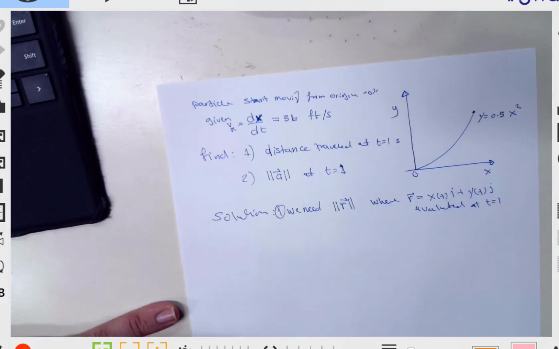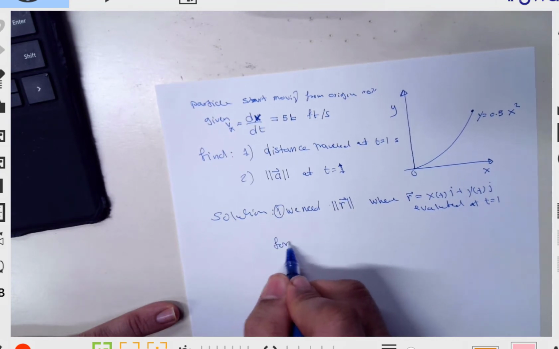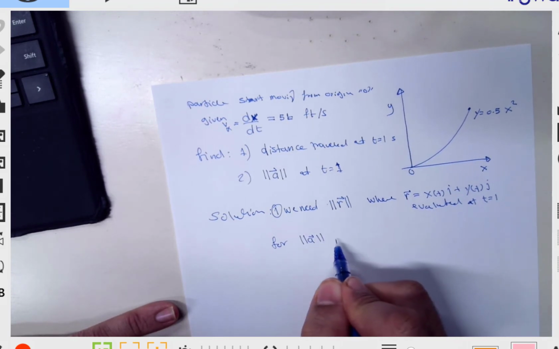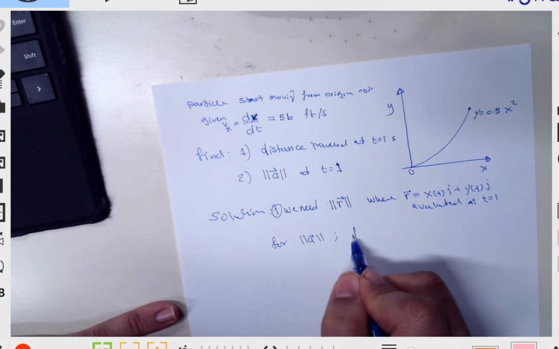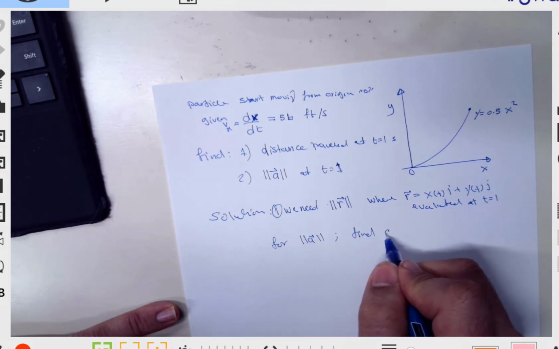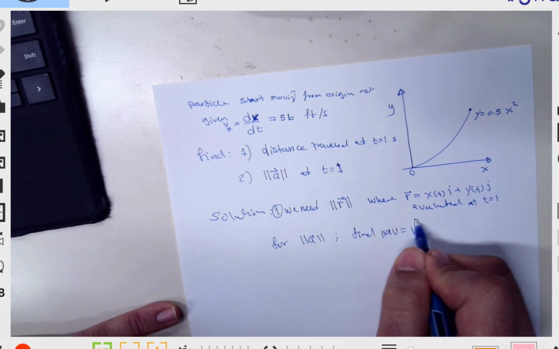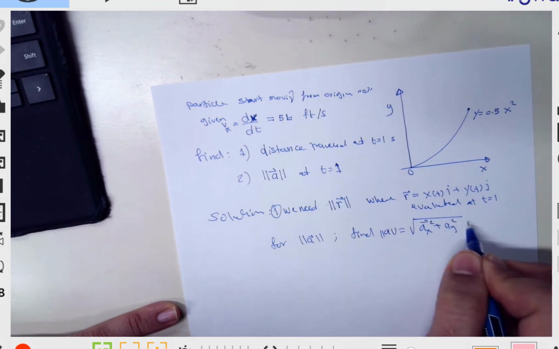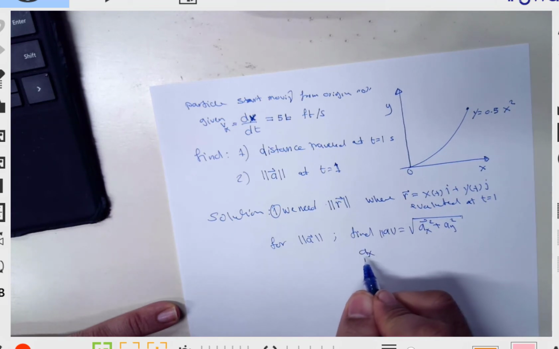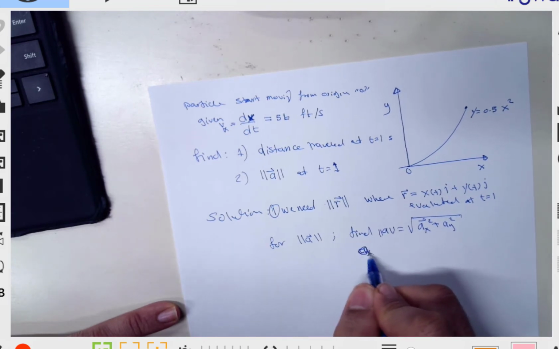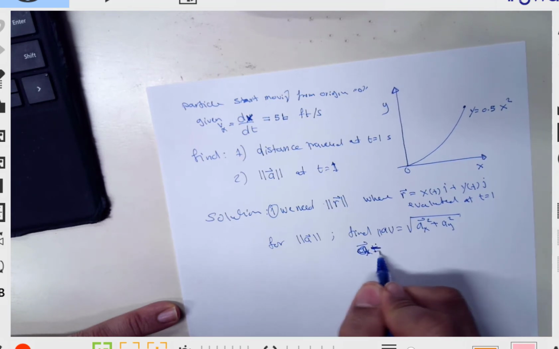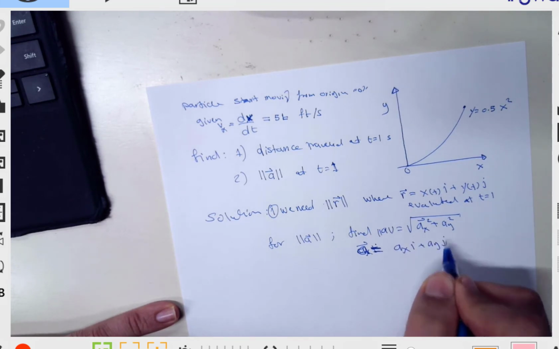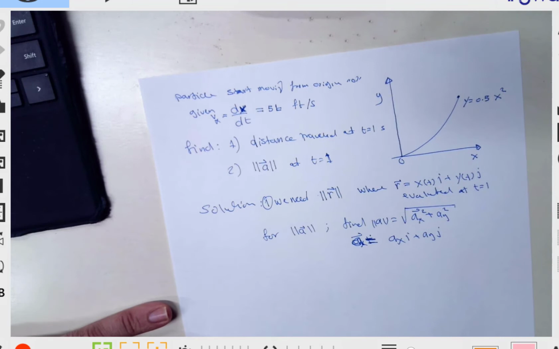For the second part, the magnitude means find the norm, square root of ax squared plus ay squared, where a as a vector is equal to ax i plus ay j, because we're dealing with only two dimensions.